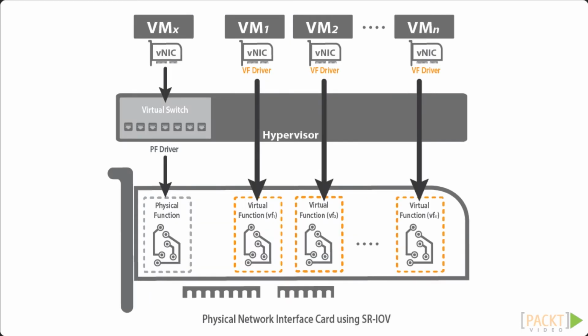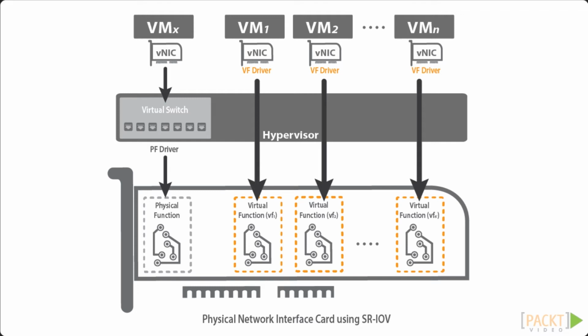SRIOV allows this by carving up the physical device or physical function into several of the same virtual devices or virtual functions. The physical function is used to configure and manage the SRIOV functionality. The virtual function contains the necessary resources to move data with a smaller set of configuration resources.